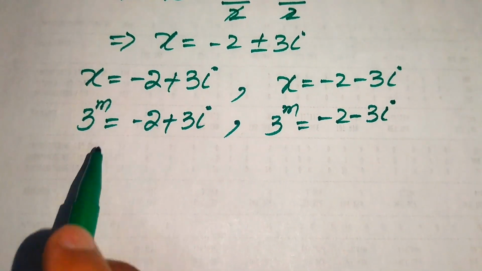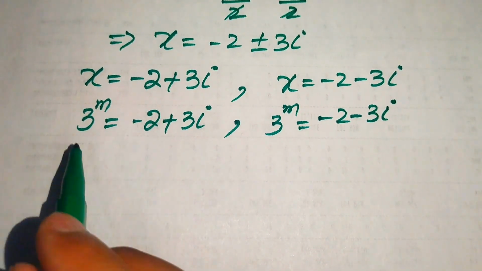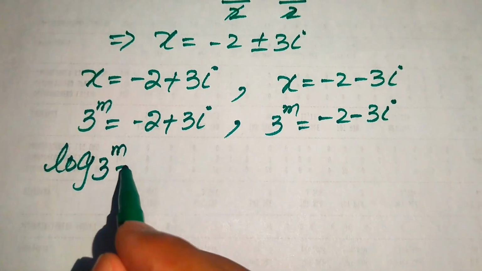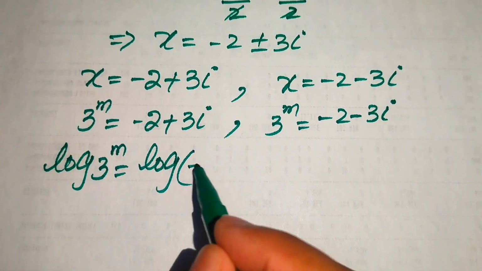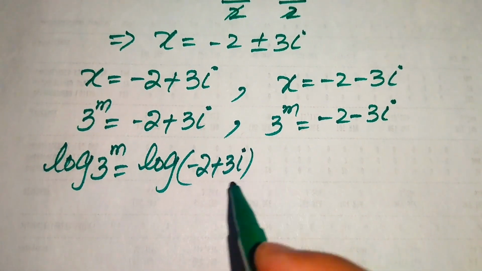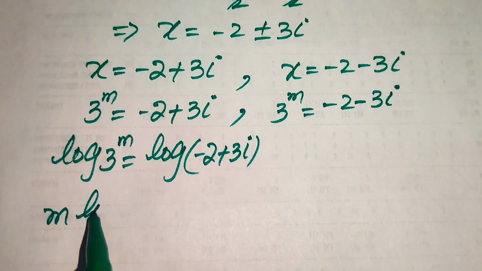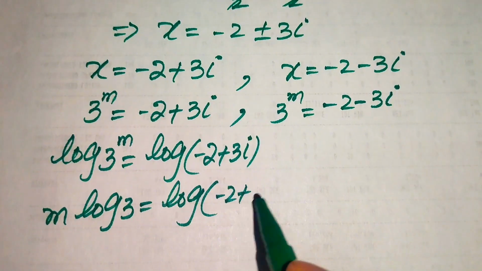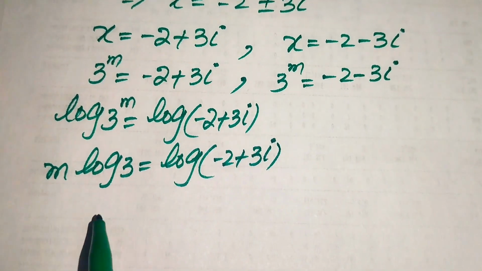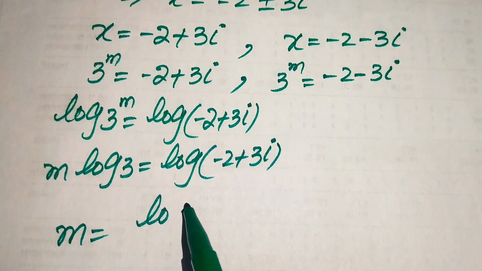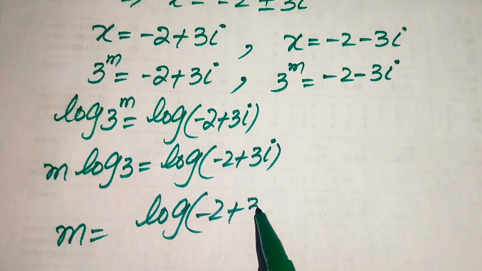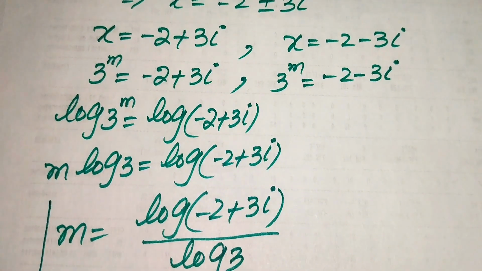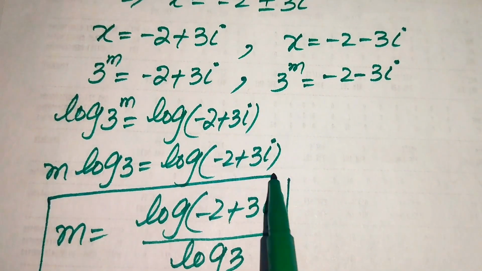So for the values of m we need to take the log on both sides, and it will be written as log of 3 to the power of m equals log of minus 2 plus 3 iota, and here we get m times log 3 equals log of minus 2 plus 3 iota. So here we get the value of m equals log of minus 2 plus 3 iota divided by log of 3. So this is the second value of m, and that is the complex value.